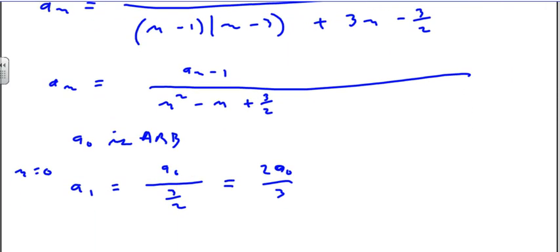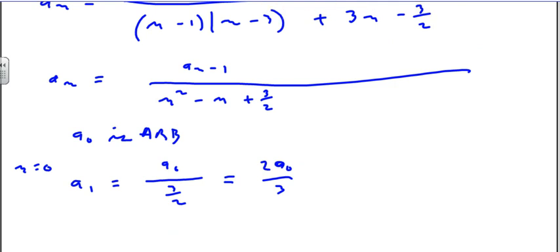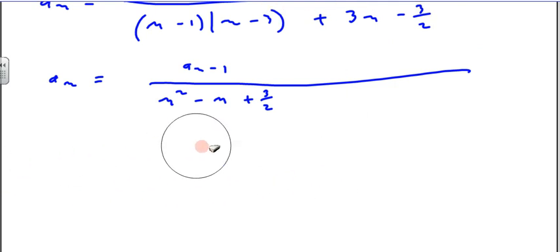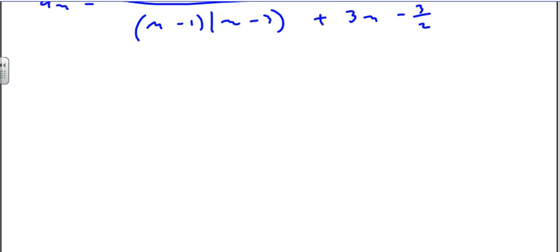Well, clearly 2a0 over 3 is wrong, so we have to go back up and figure out where our mistake is. So we'll start erasing some stuff.